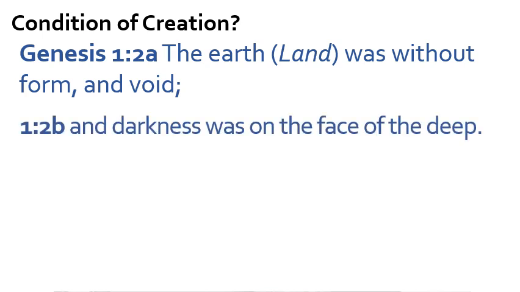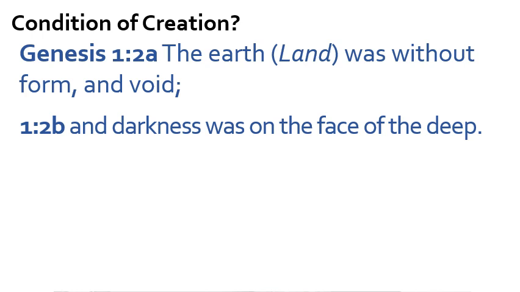And the darkness was on the face of the deep. I've told you before that when ancient people thought about their cosmology, what was here before God created the land, they thought of an ocean, a raging ocean, a storm at sea. So the land was here, but it was like a big chaos ocean.